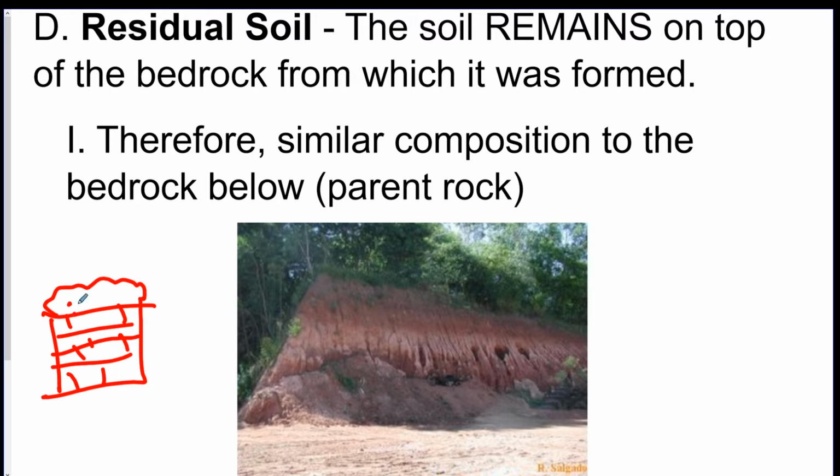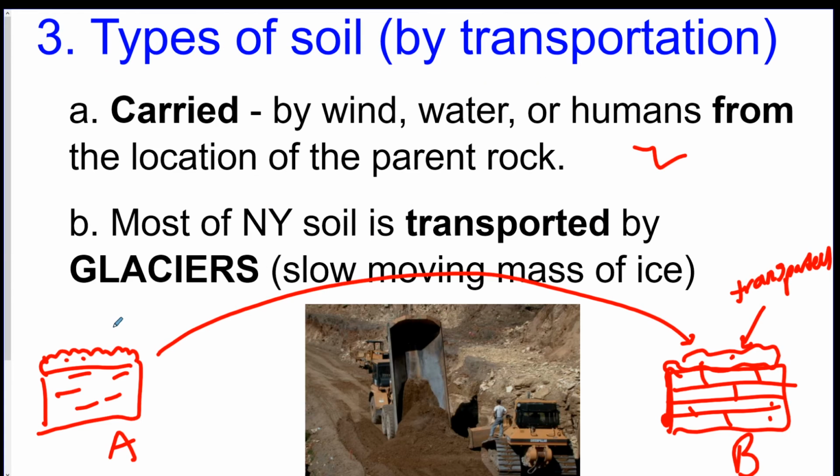Now the soil on top is also made from limestone, so this is called residual because this soil was made from the rock that it's currently on top of. So the soil has similar composition to the rock below because it's probably crushed up pieces of limestone that made that soil. So these are very similar since they're from the same area. As opposed to here, transported, remember the soil is different from what's underneath it.